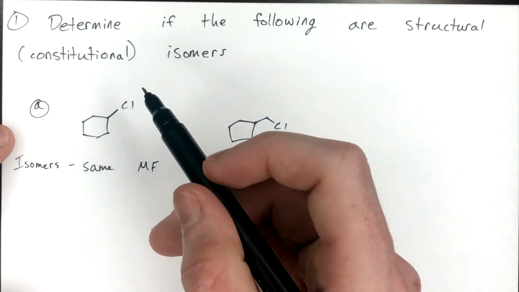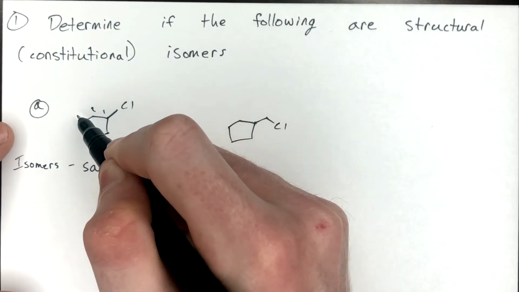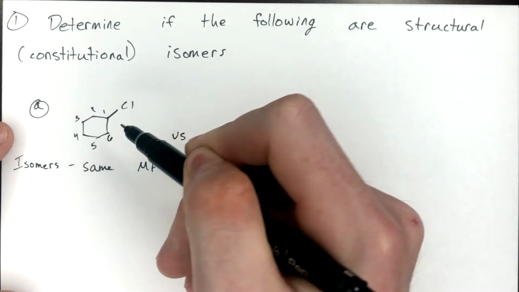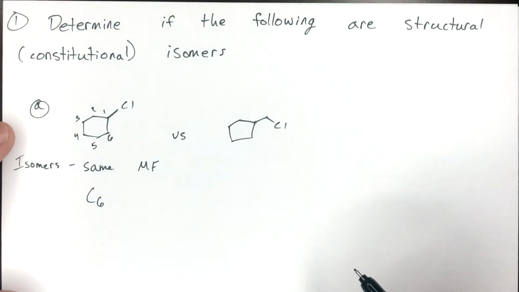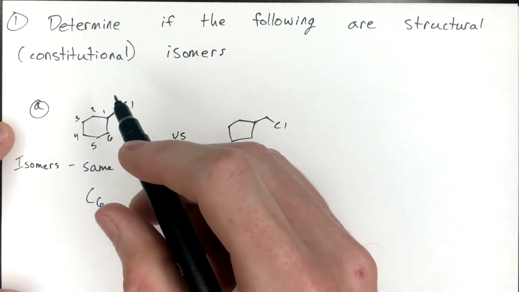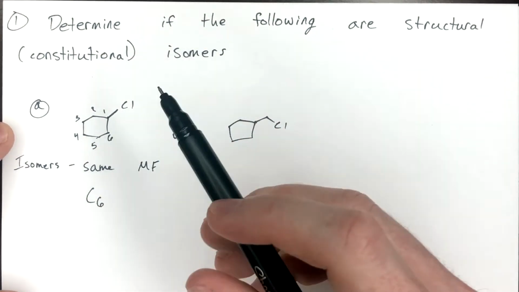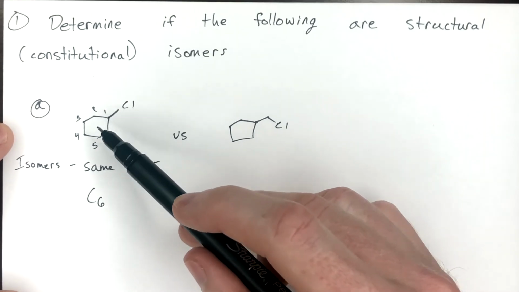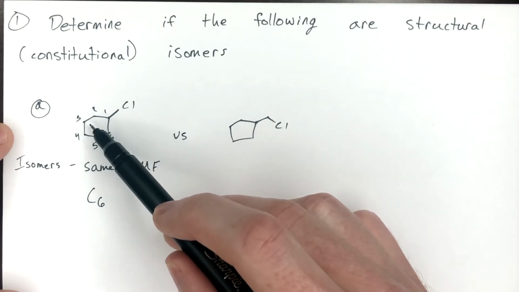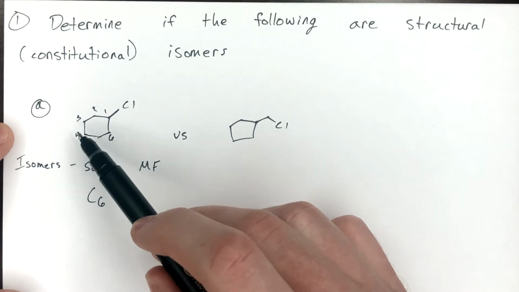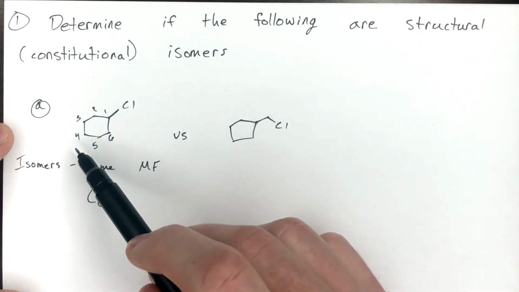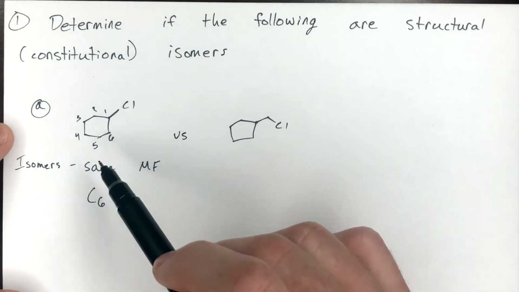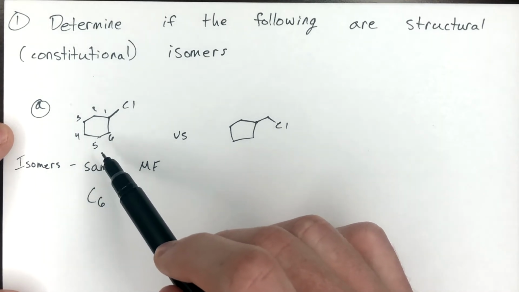So we can count with the brute force method, so we just count our endpoints for the number of carbons. So we have 6 carbons here. Then the hard part is counting the hydrogens, which you can do with degrees of unsaturation or brute force counting the hydrogens, so we'll do both. So first, let's look at carbon 1. That has 3 bonds shown, so there's 1 hydrogen there. Carbon 2 has 2 bonds shown, so there's 2 there, so 2 plus 1 is 3. 3 is the same as 2, so that also has 2, that's 5. 4 is the same as 3 and 2, so 5 plus 2 is 7. 5 is the same as 2, 3, and 4, so that's 7 plus 2 is 9.